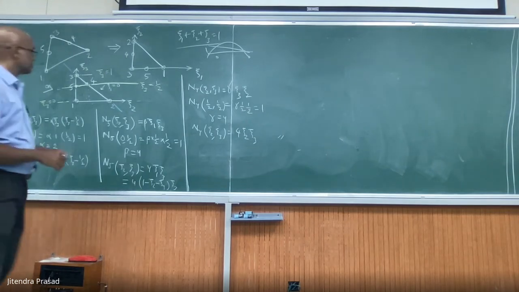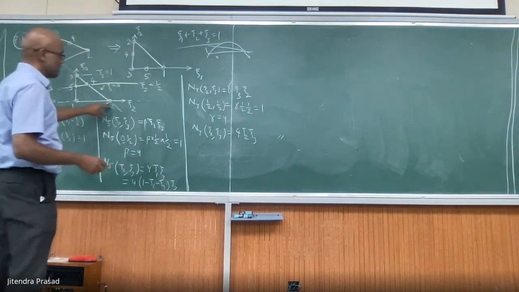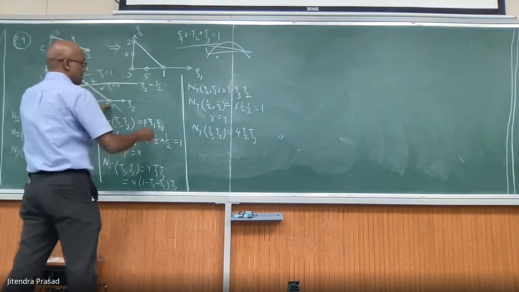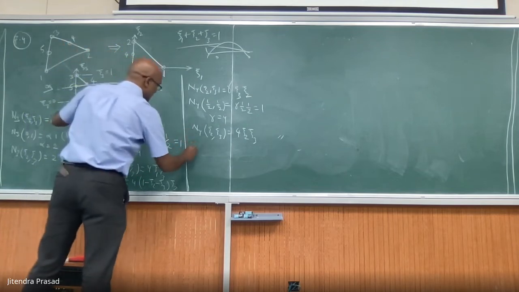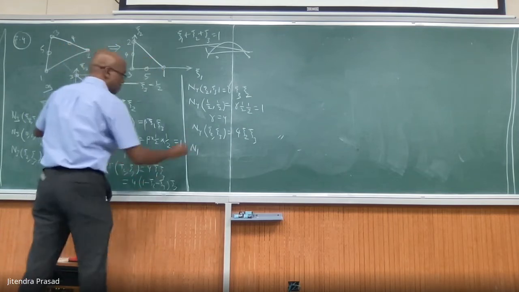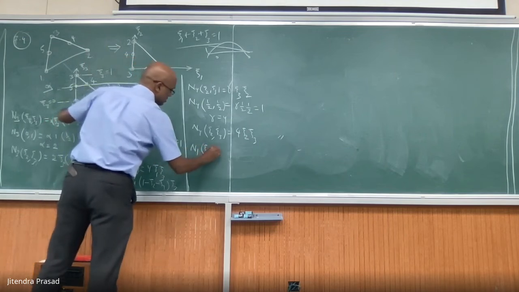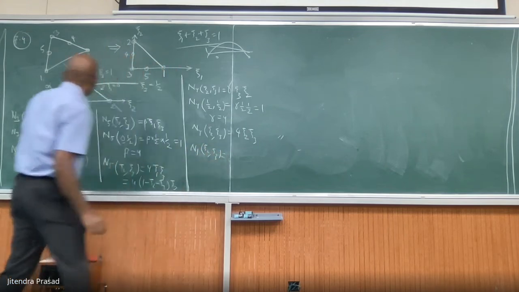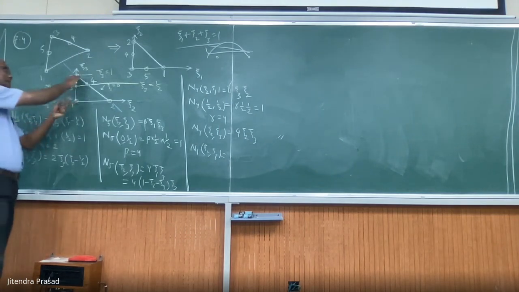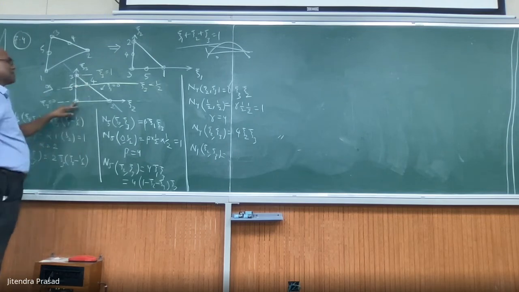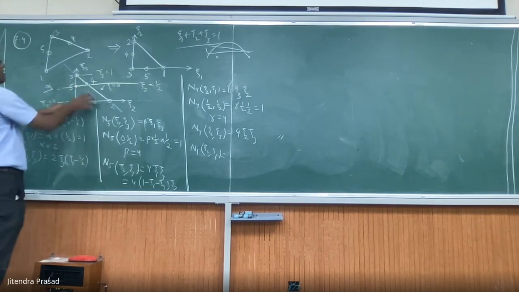Okay, now N1(xi2, xi3) is what? Here we have to be careful how we write it. Although, we have no other option actually.